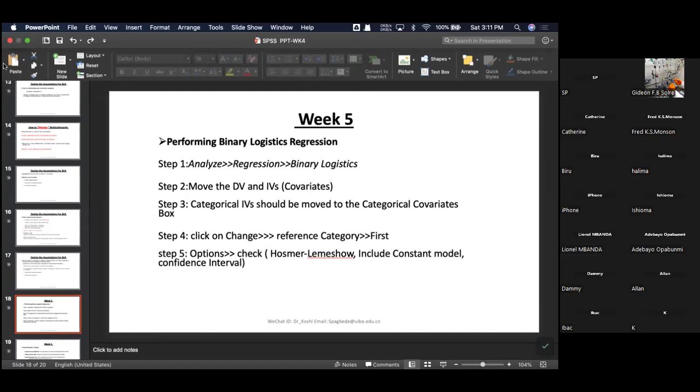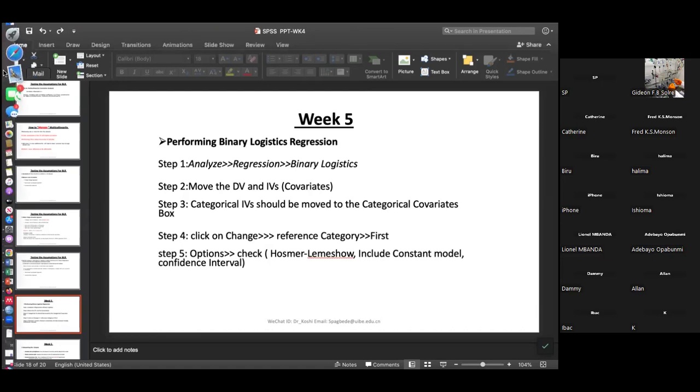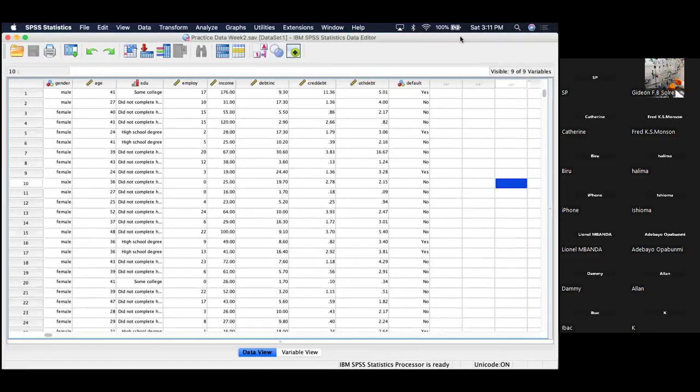So we are still using the practice week 2 data set. So please launch your data set. That's week 2's data set. Practice data week 2. That's what we are going to use to demonstrate how to perform binary logistic regression and how to explain the associated output tables.